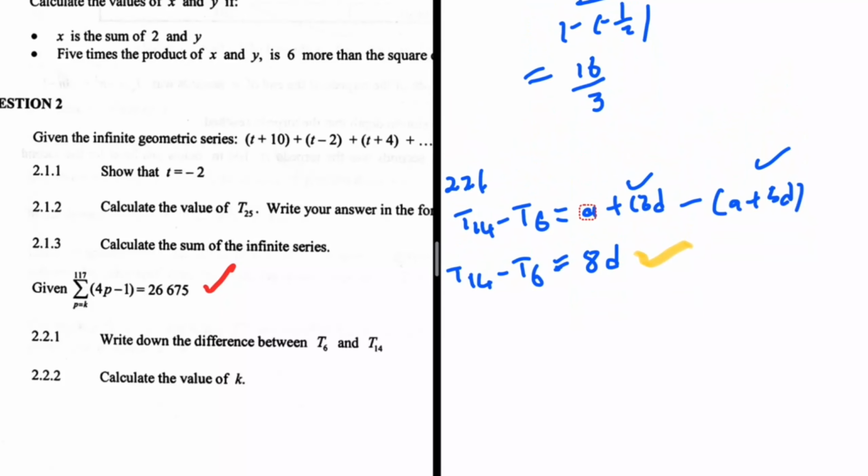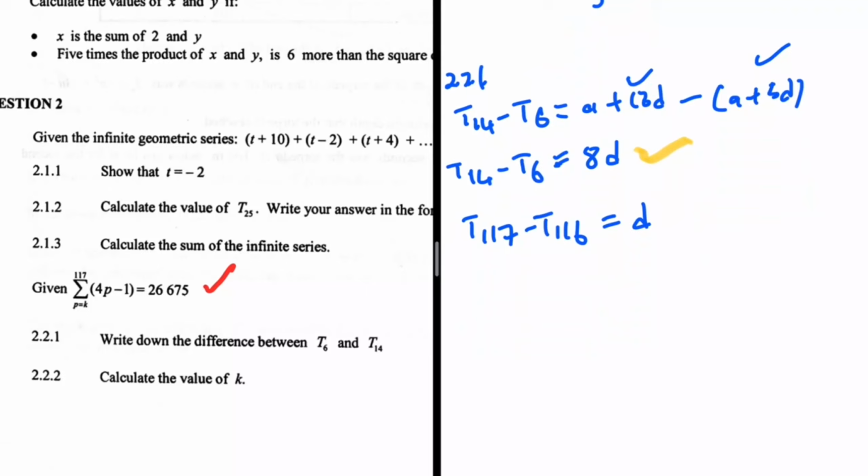So T117 minus T116 should give us D. Right, the difference between T117 and T116 should be D. So 4 multiplied by 117 minus 1 minus 4 multiplied by 116 minus 1 should be equal to D. So let me put that in my calculator. 4 times 117 minus 1, 467.